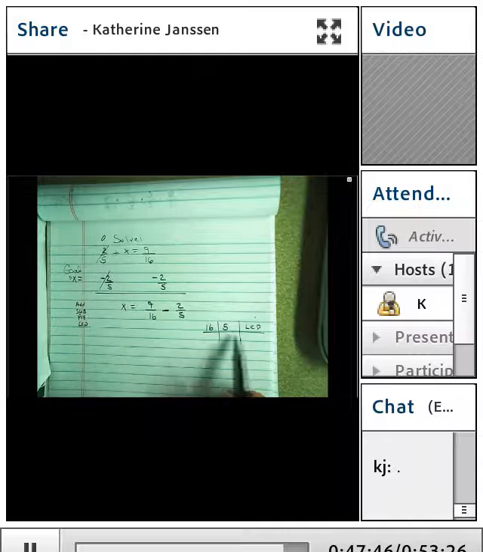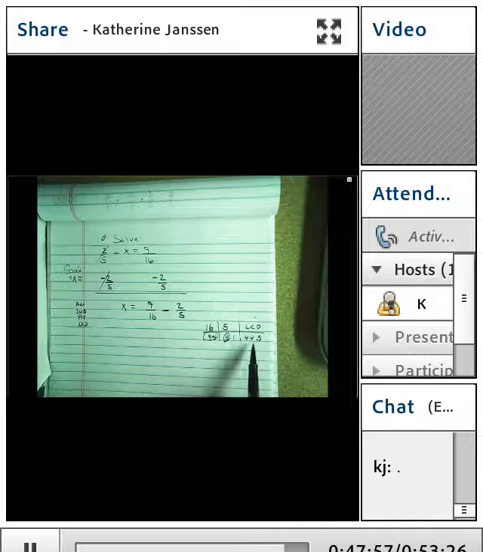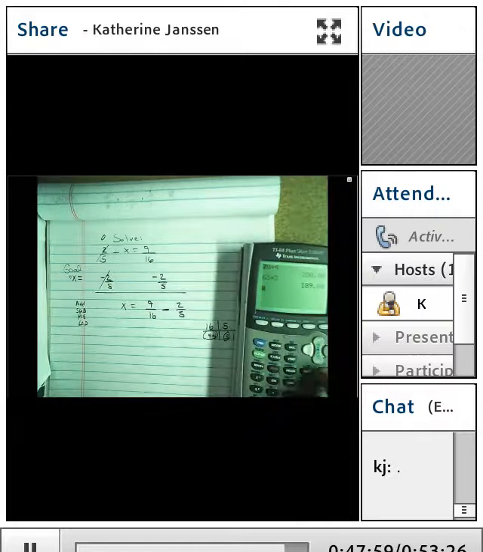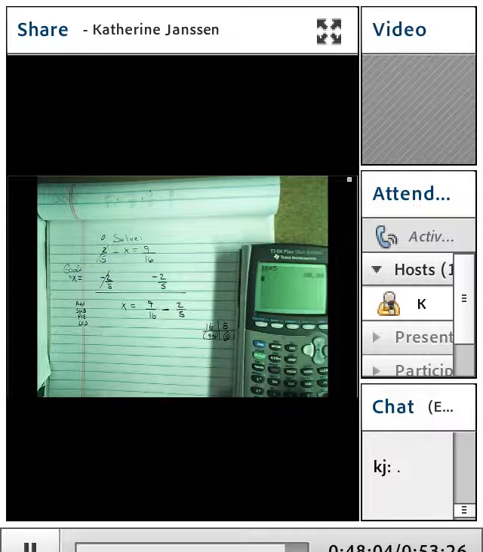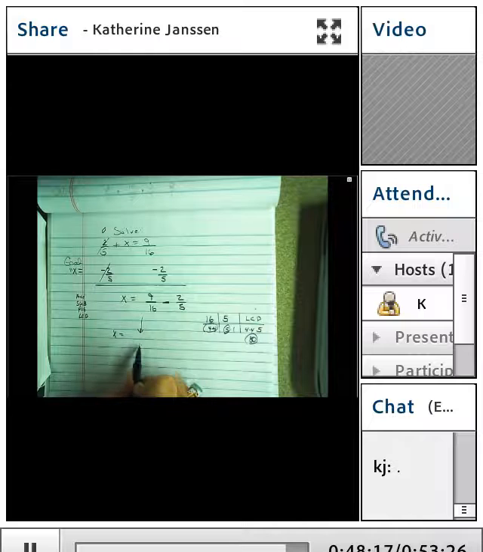Well, 5 is prime, 16 is 4 times 4. I'll need 4 times 4. From the first column, I'll need a factor of 5. 16 times 5 is 80 as my least common denominator. So I'm going to convert 9/16 to 80ths, and 16 times 5 is 80.